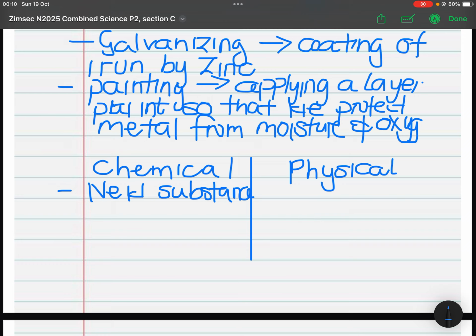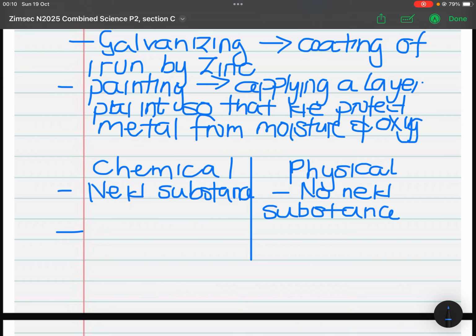A new substance with different characteristics is formed in a chemical change, but in a physical change, no new substance is formed. So this is one of the differences between chemical and physical change. There is no new substance formed when it comes to a physical change.